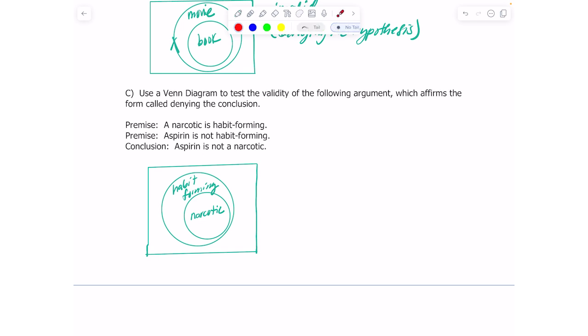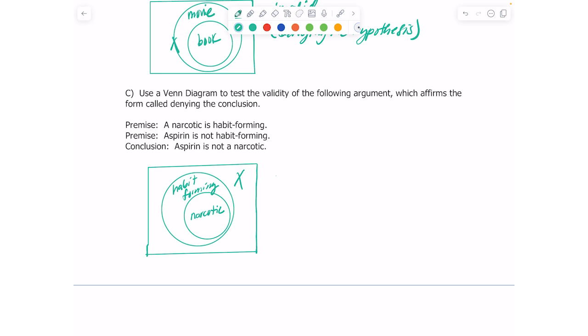Now it says aspirin is not habit forming. So if it's not habit forming, then that means it also is not a narcotic, right? Because narcotics are habit forming. So my X is going to go out there. And the reason is because aspirin is neither a narcotic nor habit forming.